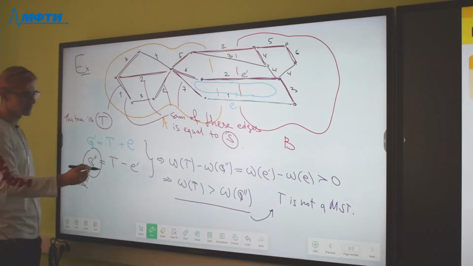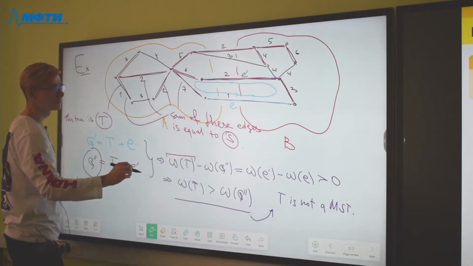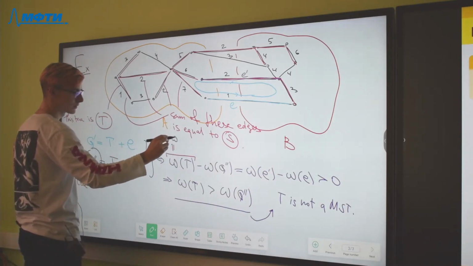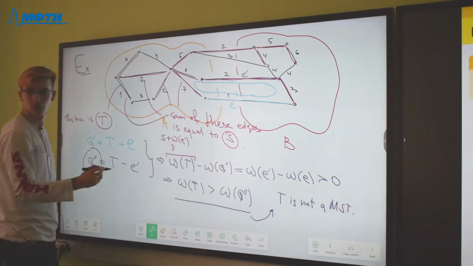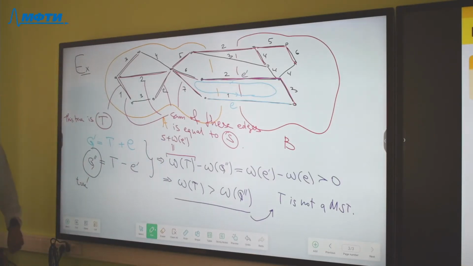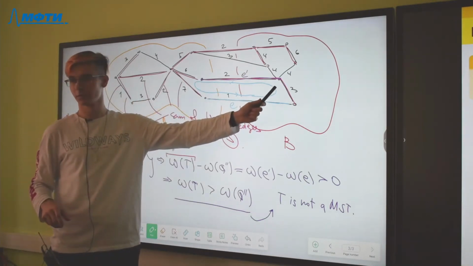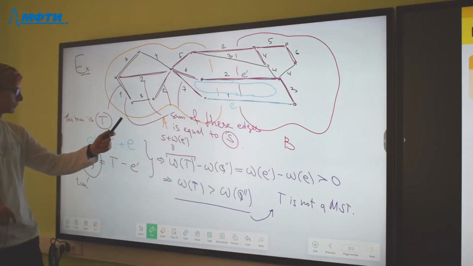Then we can say that the weight of T is equal to S plus the weight of e prime. Do you understand why it is true? Because T contains all these edges and this edge. Yeah?